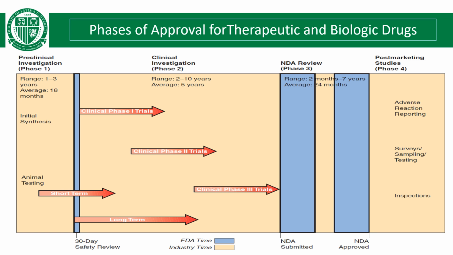So for post-marketing studies or phase 4, the pharmaceutical companies or even the Food and Drug Administration or authority will check for reports of adverse reactions, where surveys, samplings, and testings are given for the people. And lastly, inspections for drug production may be present.